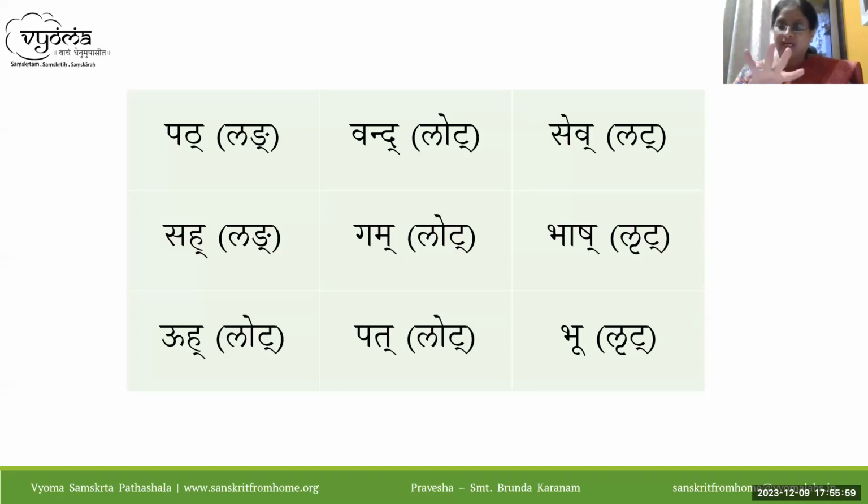Point number 1, the a. Then there is a sandhi karyam, so u for past tense they will not ask because it will become auha, which is difficult. Point number 2 is I comes in lot lakara, e comes in past tense.